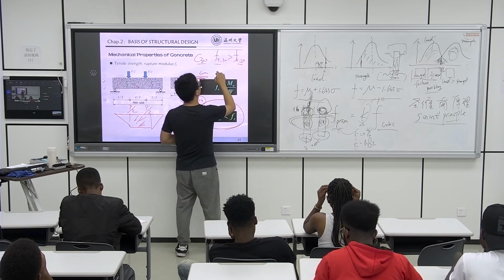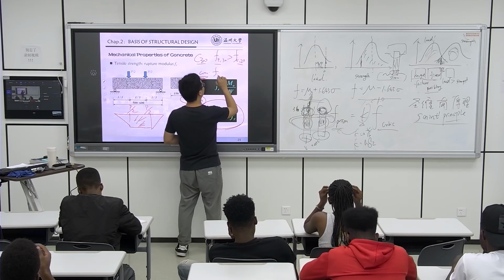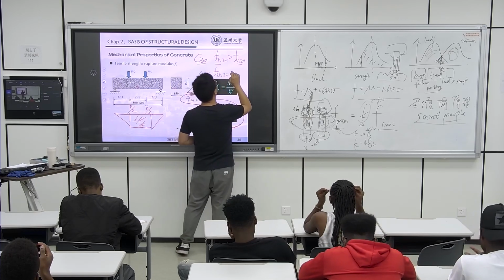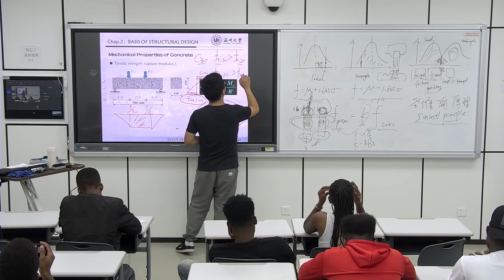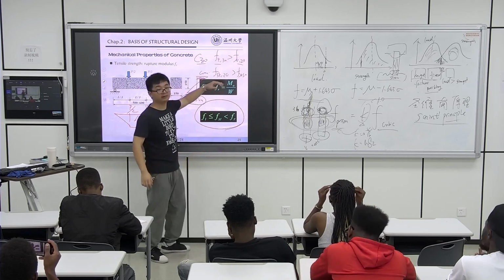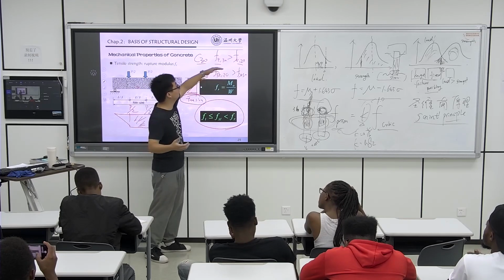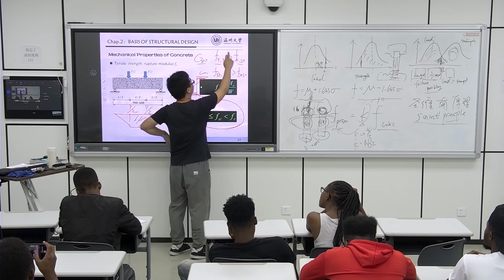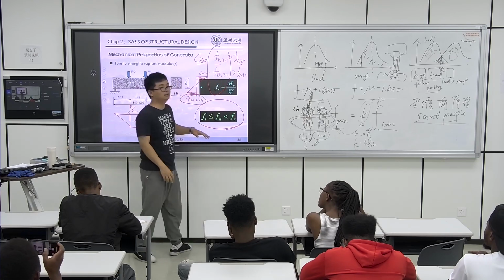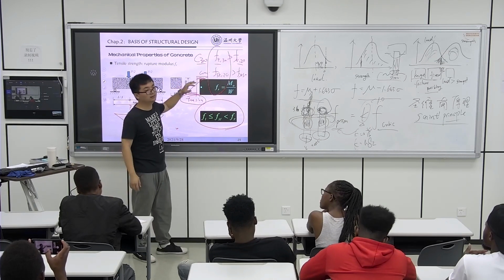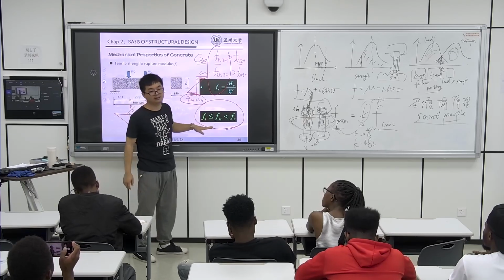And for FST, we can compare the different grades of concrete in the same test. Right? We can compare. And also for different tests, they also have these relations.